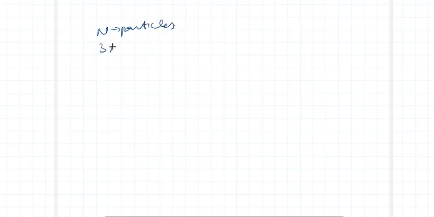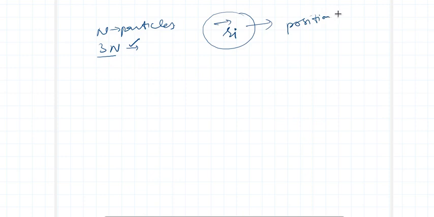If there are n particles, that means 3n coordinates are required to describe the motion completely, and say Ri vector is the position of the ith particle.